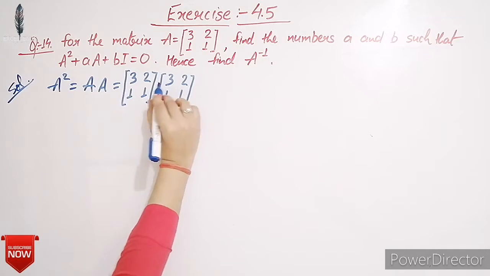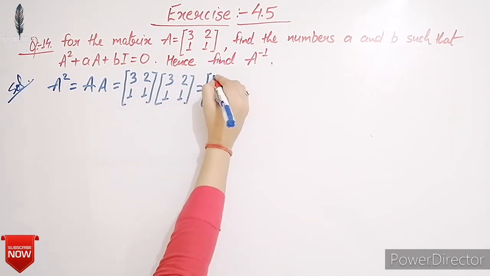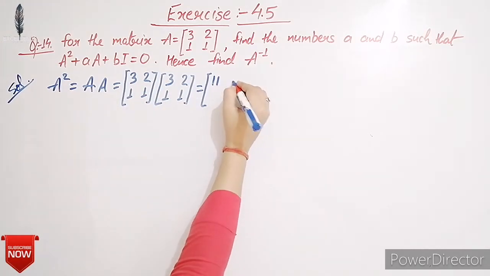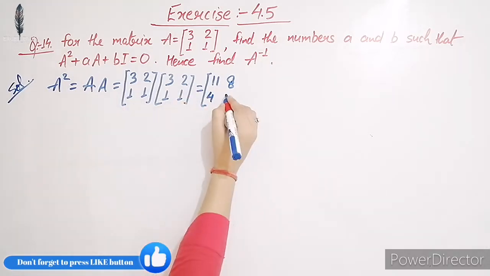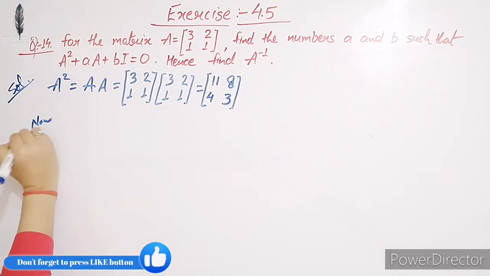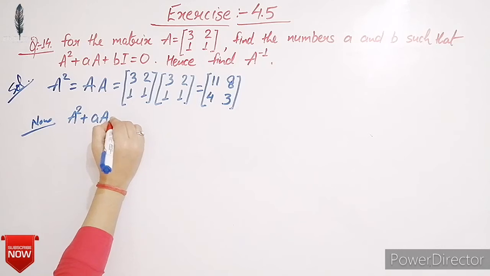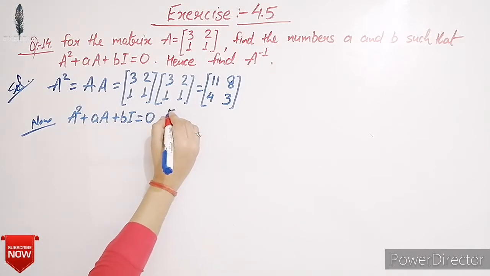On multiplying row by column, first row by first column, it is 11. First row by second column, here 4. Now second row by first column, here 8, and second row by second column we have 3. Now it is given that A² + aA + bI equals 0.